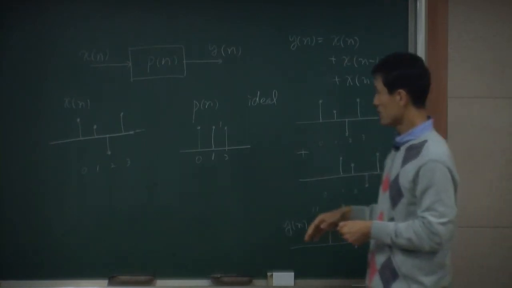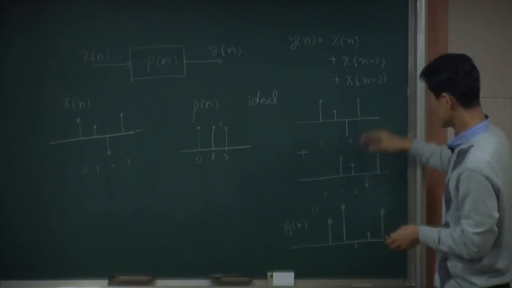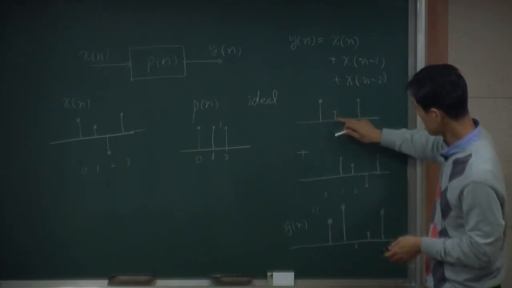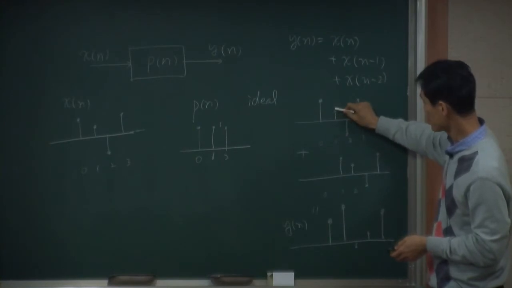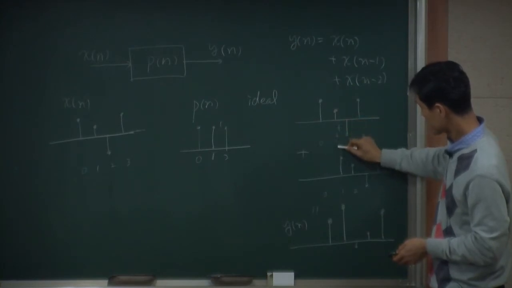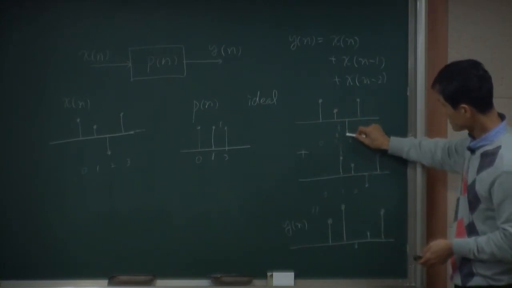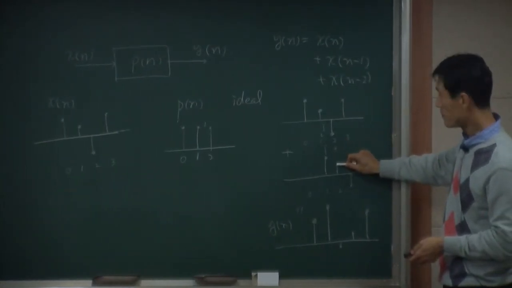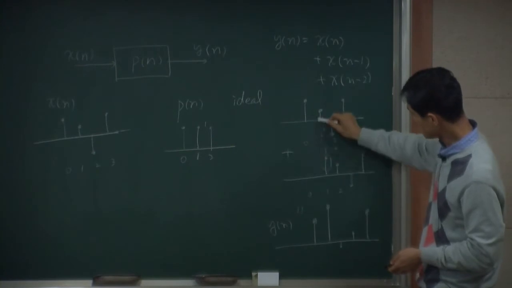But in general, what happened is, in this case, let's look at here. This is the first sample. This is second sample. But this second sample is now added with the first sample. This one plus this, right? Same way, this sample 2 is added with the sample 1. But actually, sample 0 is the previous one.